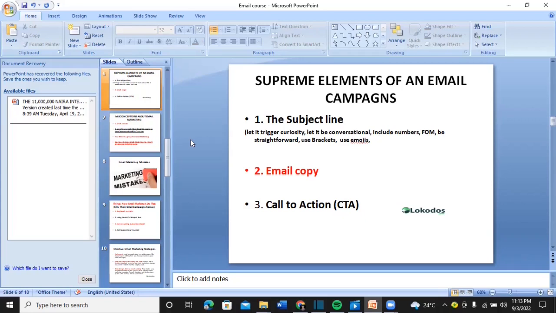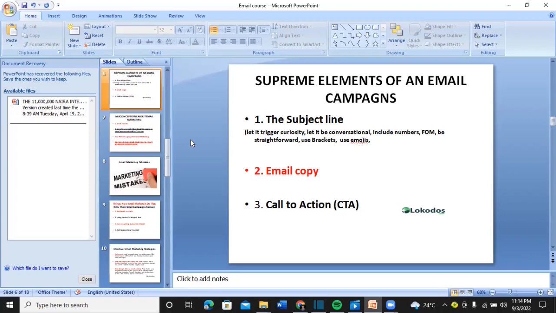And finally, you have the call to action. The call to action is as important as the copy. We talked about strong call to action previously. So use a strong and non-threatening call to action.